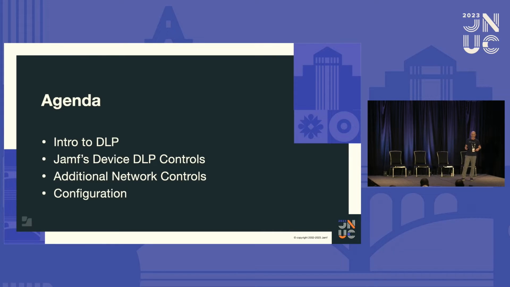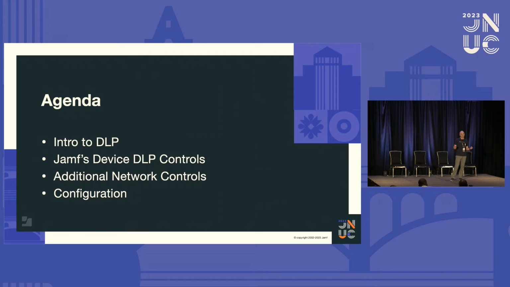OK, and this is the agenda that we've got between you guys and lunch. A little bit of an intro to DLP. As I was going through my slides last night, I realized it's telling some of you guys how to suck eggs. DLP means different things to different organizations and different stakeholders. But I'll talk a little bit about my experience and what DLP means to our customers and some of the checkboxes that they need to hit for their DLP use cases.